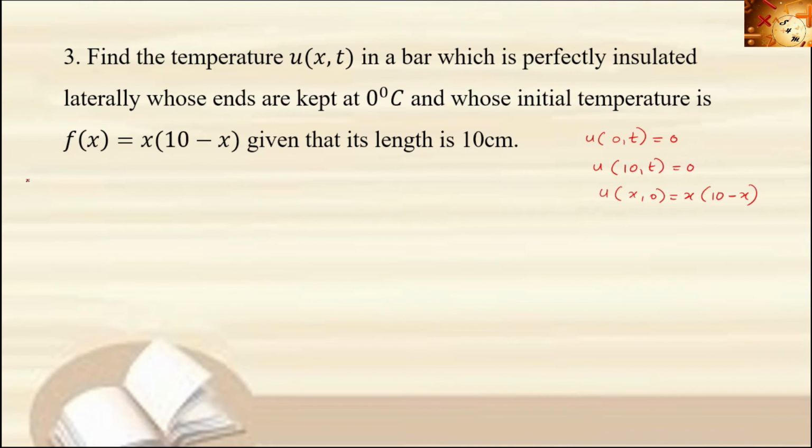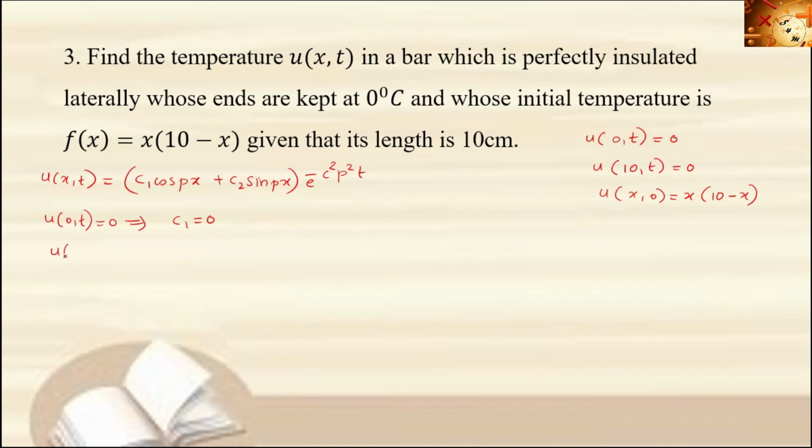First of all, write the general solution. U of x,t is equal to c1 cos px plus c2 sin px into e raised to minus c square p square t. The first boundary condition, U of 0,t equal to 0, gives c1 is equal to 0, as in our last problems.